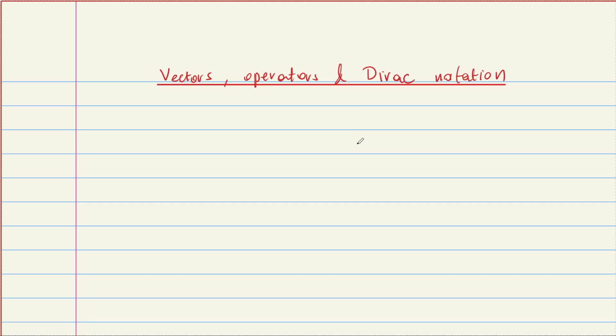So you may have noticed that so far we were making a big fuss about wave and particle, right? Things were sometimes wave-like, sometimes particle-like. But now we introduce some more formalism, right?